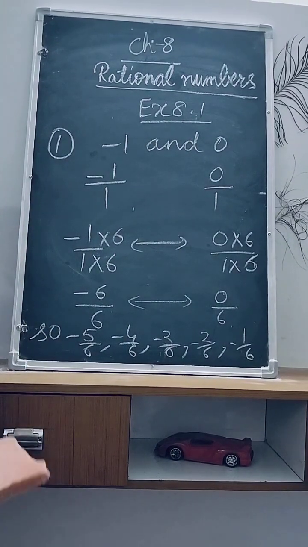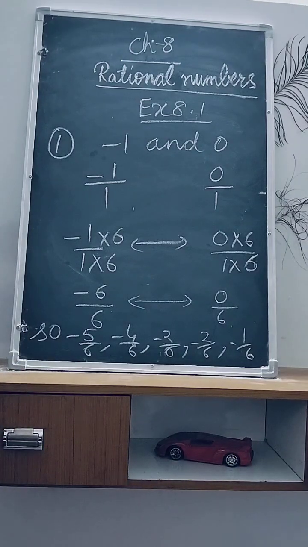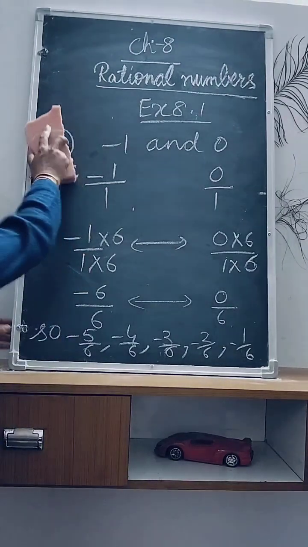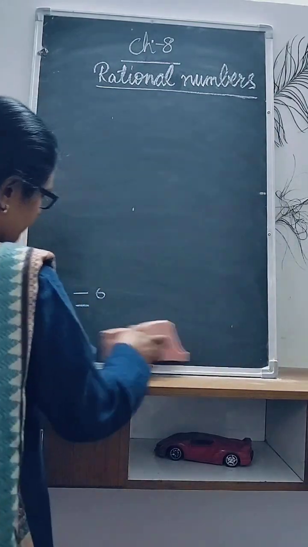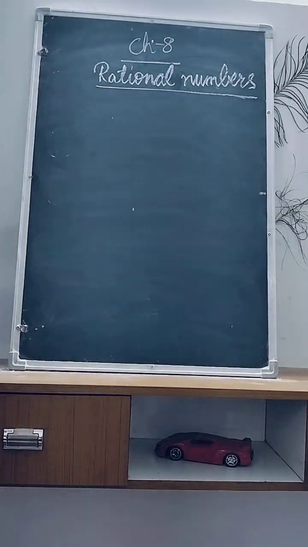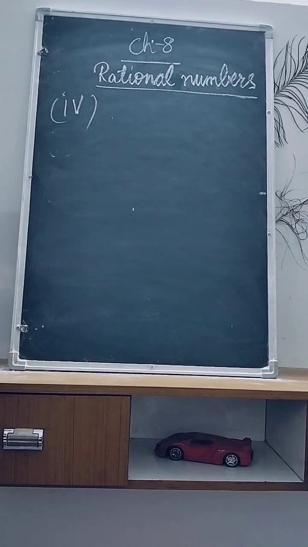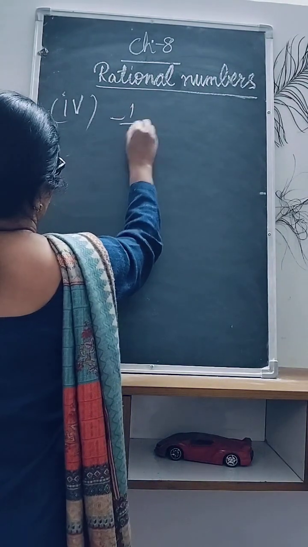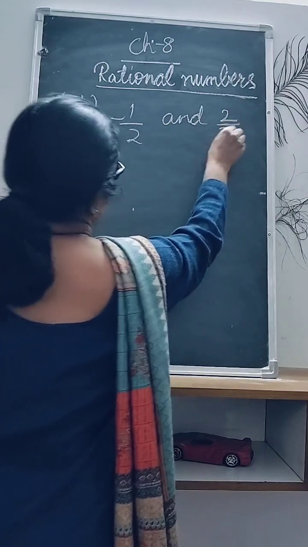Okay, now let us do one more part of this question, when we are given different rational numbers. Let me do the fourth part of question number 1: minus 1 by 2 and 2 by 3.